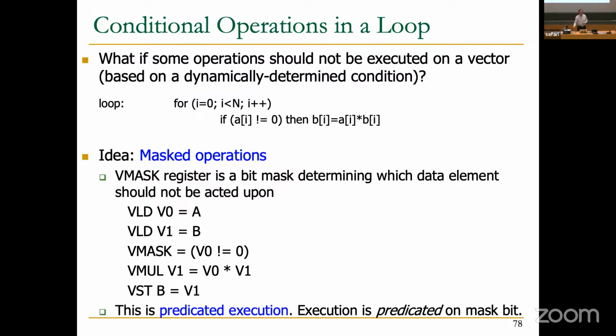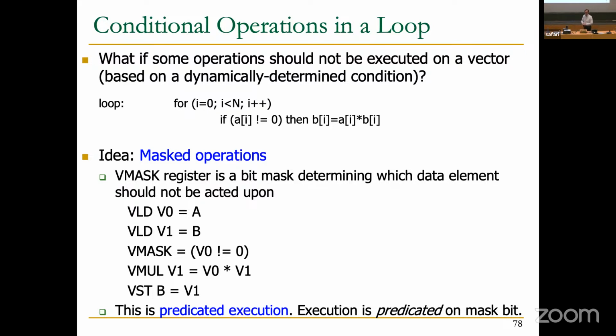So this is actually predicate execution. We did not cover predicate execution much when we talked about branch prediction, but essentially this is converting a branch instruction into data flow. That vector mask is providing conditions, and those conditions decide whether an operation takes effect on an element. There's no branch. It's all data flow, dependent on the vector mask register.